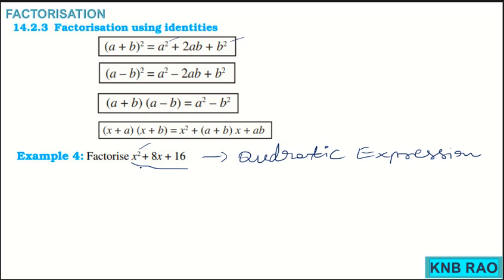Now this x square plus 8x plus 16 can be expressed as x square plus, you watch here, 16 I can write as 4 square. That means it looks like a square plus b square in the third term. Middle 8x, can I express it as 2ab?